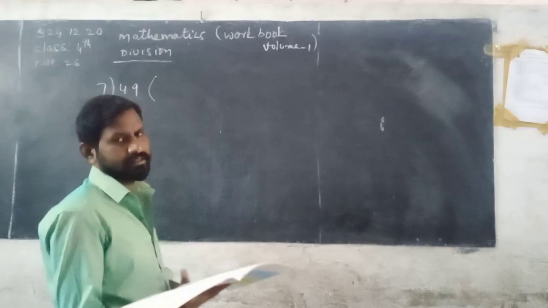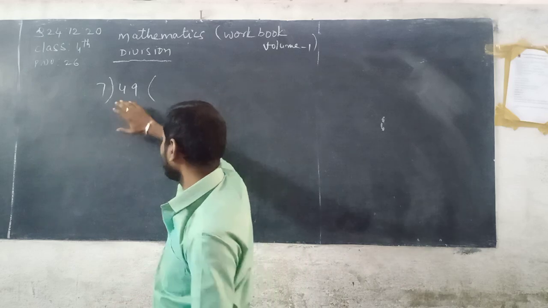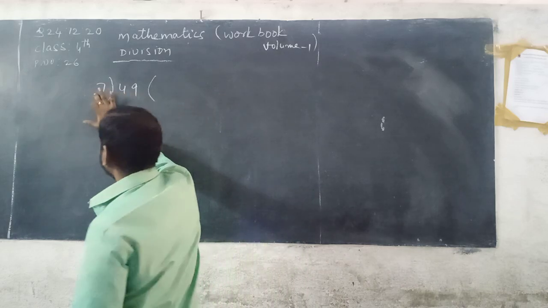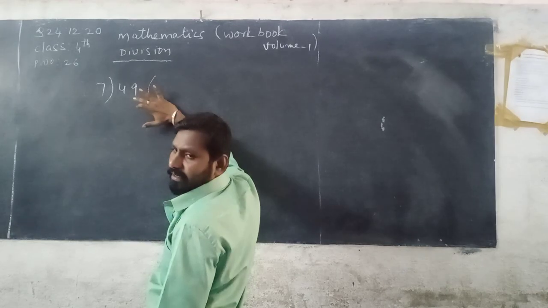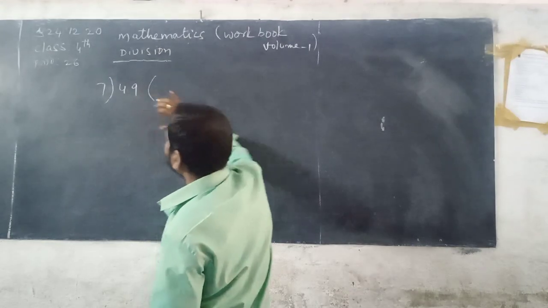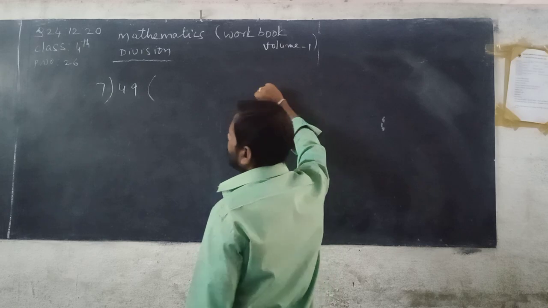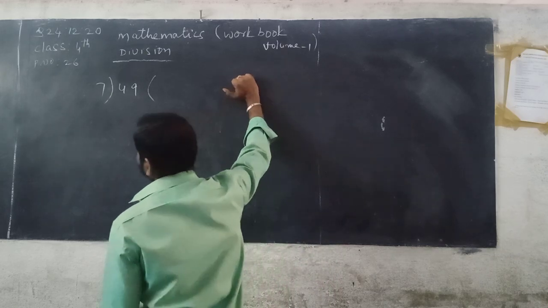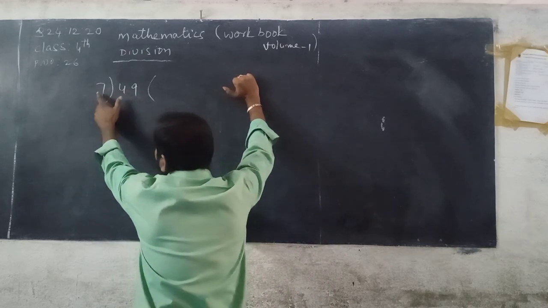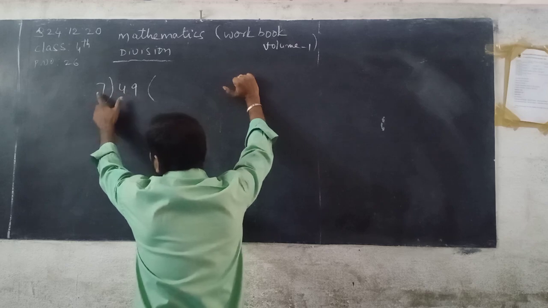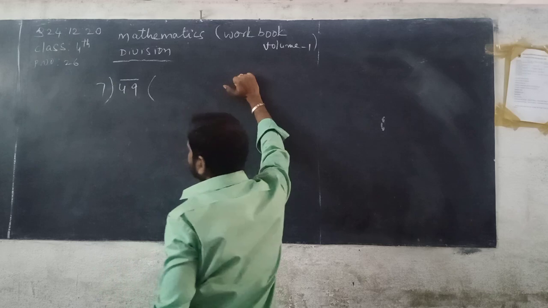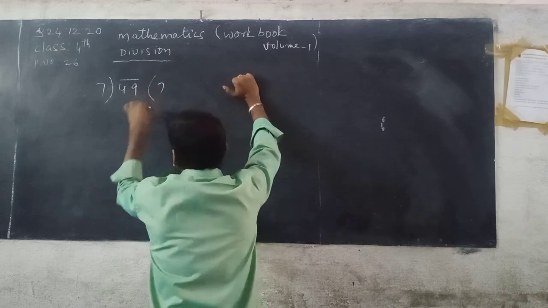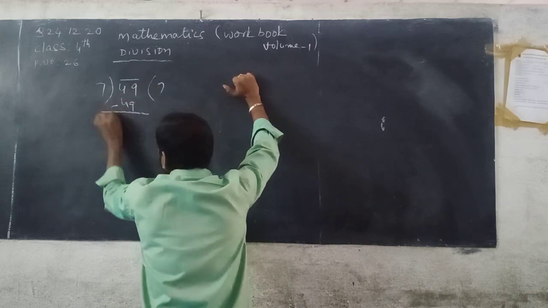See here, first observe: 49 is called the dividend, 7 is called the divisor. While doing a division problem, first we compare the first digit on the left side with the divisor. 4 is a smaller number than 7, so we have to take 2 digits from left to right. Then you read the 7 table, 7 sevens are 49.